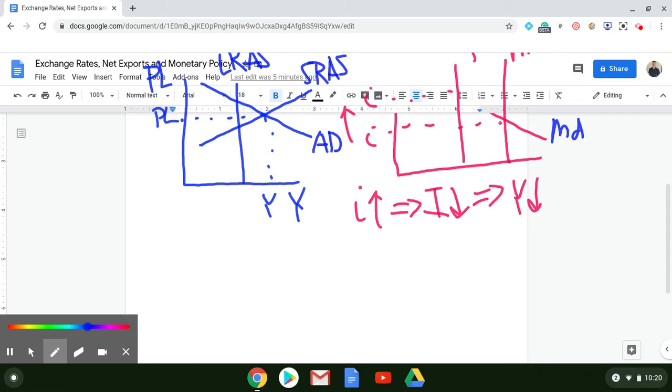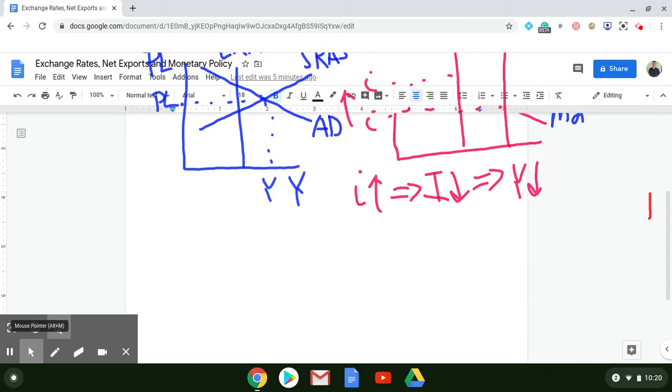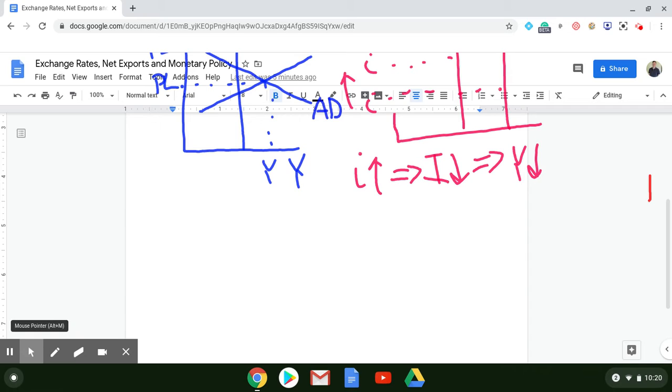So an increased interest rate is going to cause capital inflow, because presumably the rest of the world has lower interest rates and now our interest rates are higher. So people can put their savings into this country and get a higher rate of return.